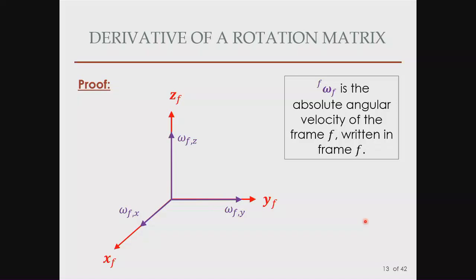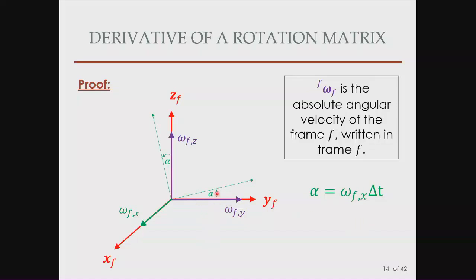By how much? If I just let a short delta t pass, it will be delta t times this scalar omega Fx. So there would be an arc here with that angle, omega Fx times delta t, some arc and some arc here for the z. So I put here alpha as omega Fx times delta t.